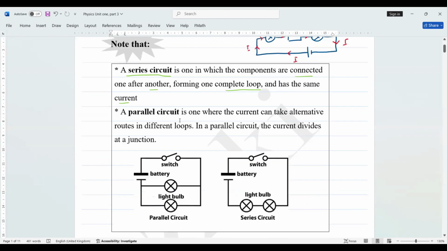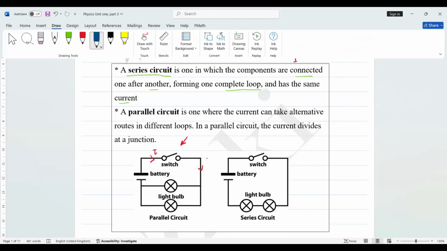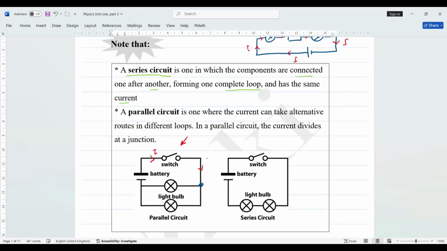So this is called the series circuit. Now, a parallel circuit is one where the current can take alternative routes in different loops. In parallel circuits, the current divides at a junction. This is one parallel circuit. This is the current I, and this point is called the junction.